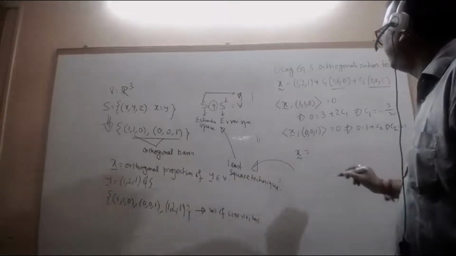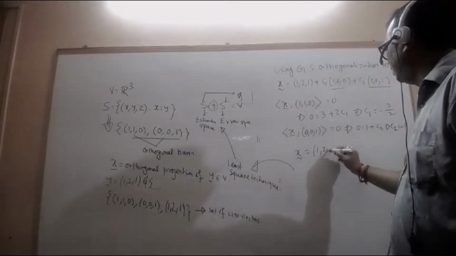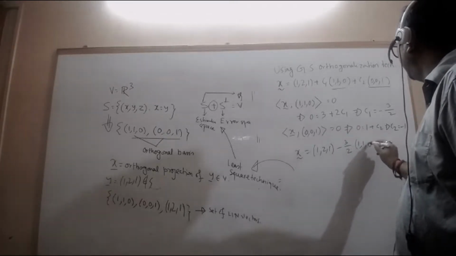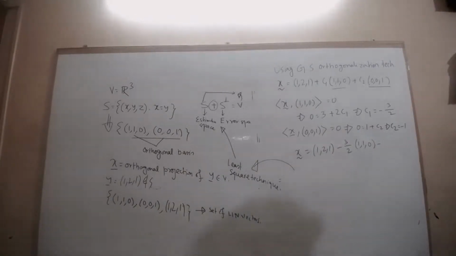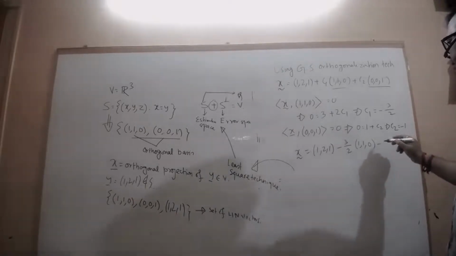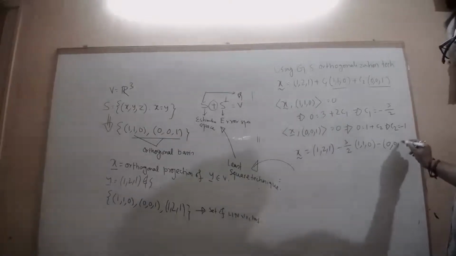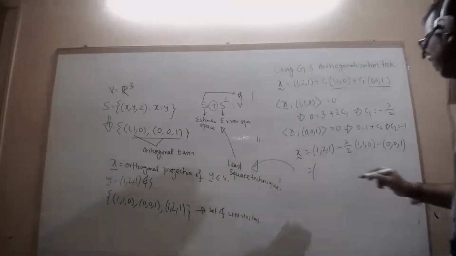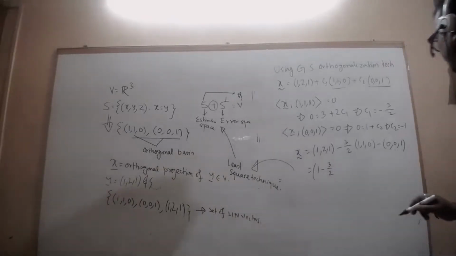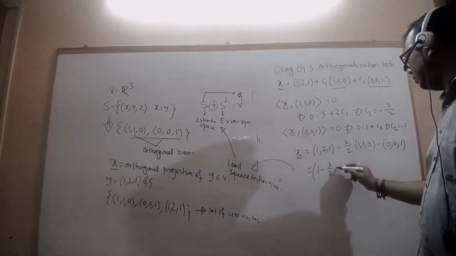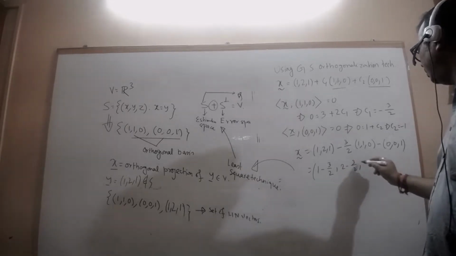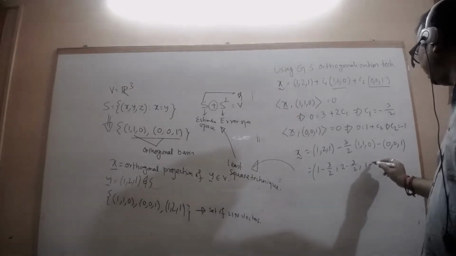So x-cap is 1, 2, 1 minus 3 by 2 times 1, 1, 0 minus the other term. So 1 minus 3 by 2, 2 minus 3 by 2, 1 minus 1.